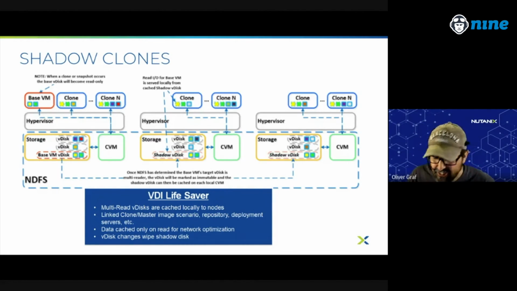Once the disk has been marked immutable, the vDisk is then cached locally by each CVM. So read operations are now satisfied locally by direct-attached storage resources. And we are back at data locality: really holding the data as close to the compute as possible. And again, it's a fully automated process.